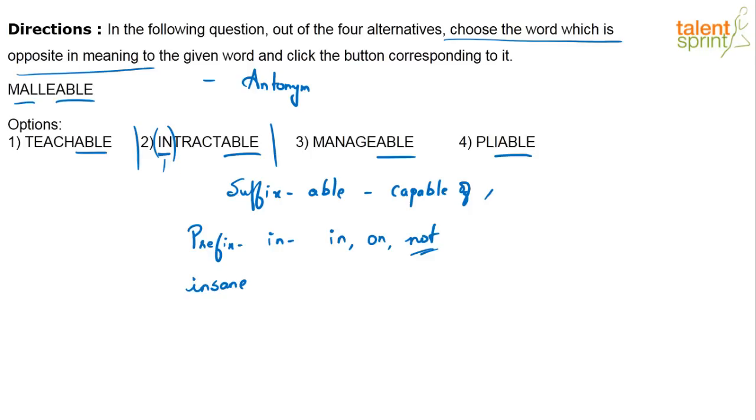So one other way to quickly look at these words and see what's the opposite, what is not in line with what is given in the options, is intractable. Just for your information, if I take the word intractable itself, I have the obvious suffix able, then I have the prefix in. This word tract, which is the root, means drag or pull.